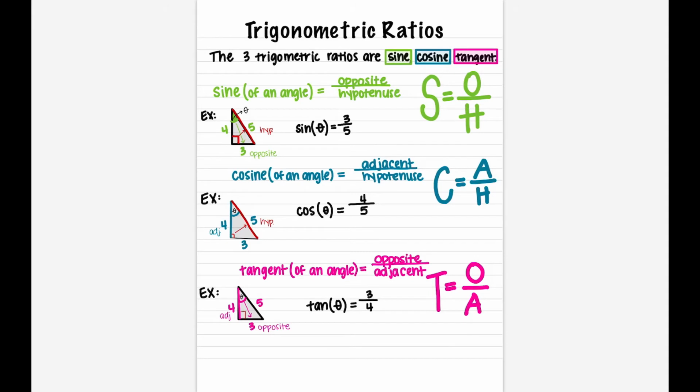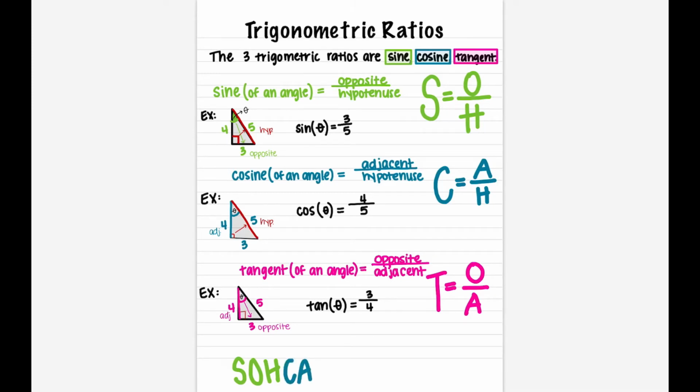Whenever you're dealing with measurements of a right triangle, if you've got to use trigonometric ratios, I would always recommend writing this out on your paper so that you at least have something to go back to if you ever get stuck. So SOH is where we start. Sine is opposite over hypotenuse.